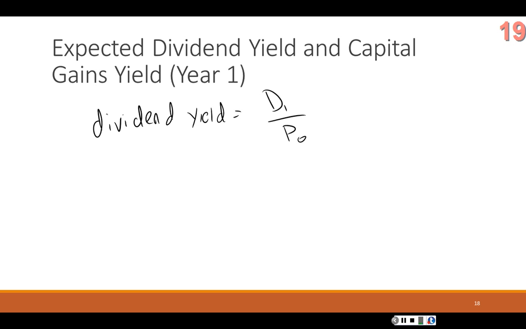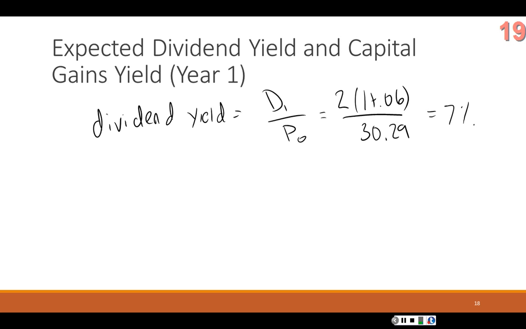And again, if markets are efficient, the current market price and the intrinsic value should not differ. So D1 would be equal to our $2 dividend times 1 plus 6%, so $2.12, divided by the current price, $30.29. So that gives us a dividend yield of 7%.